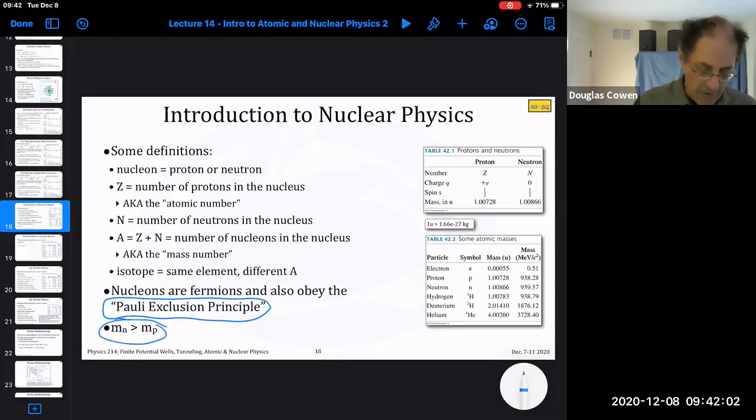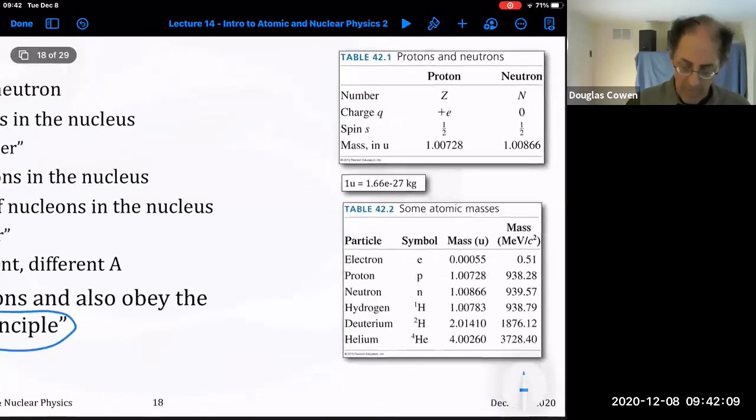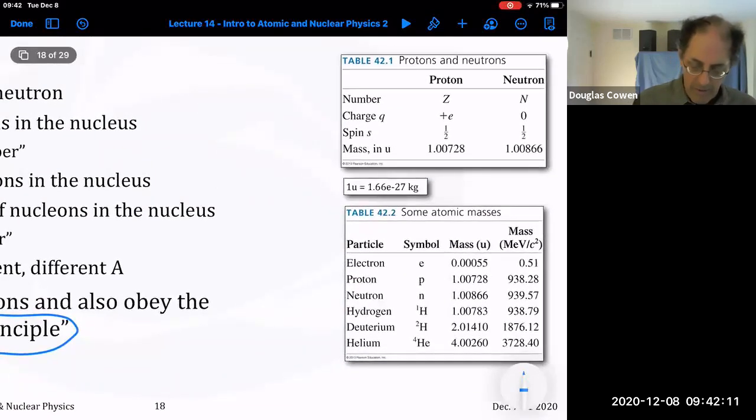The mass of the neutron is greater than the mass of the proton. And what's shown over here is a table of these masses. The fundamental unit that is typically used is the atomic mass unit u, which is 1.66 times 10 to the minus 27 kilograms. And you can see that the electron is exceedingly light on this scale.